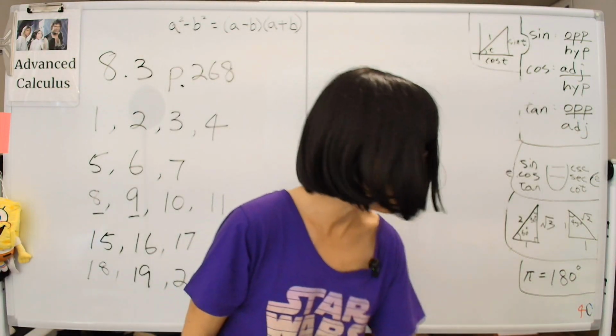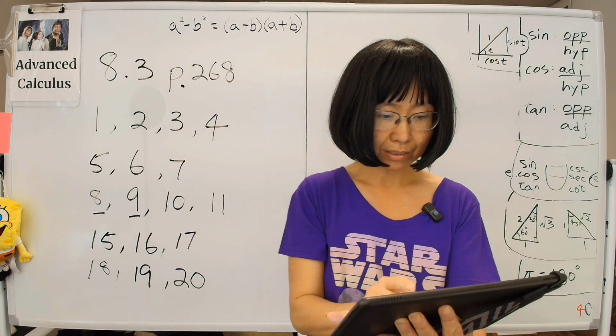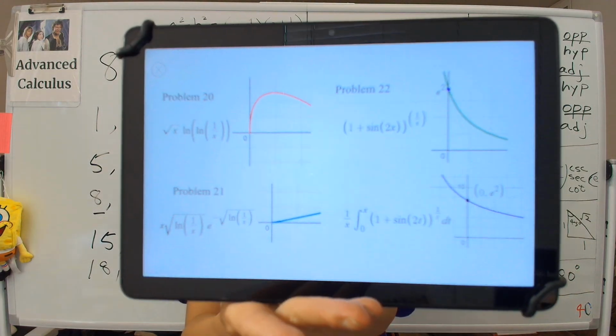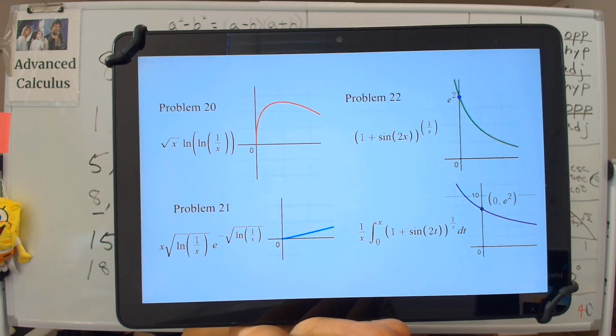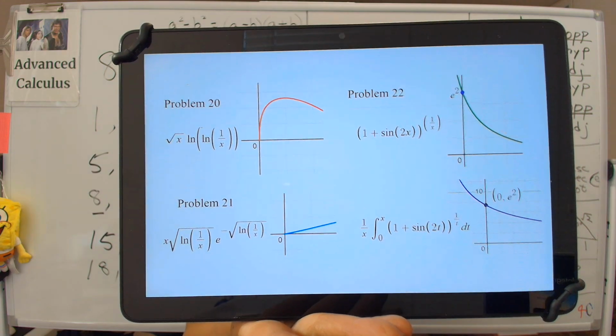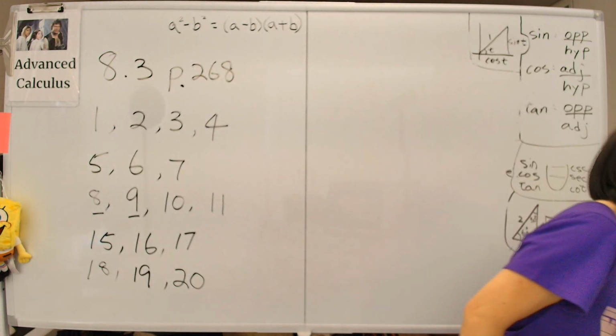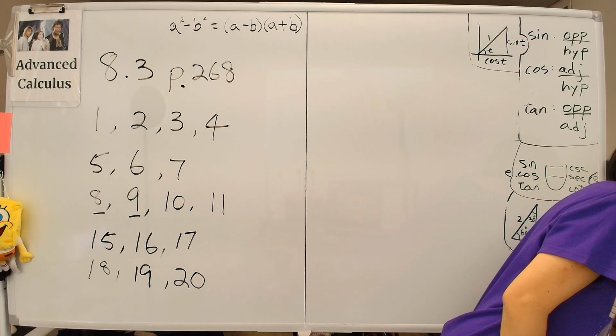I also confirmed that by looking at the calculator. As x goes to 0, the function does approach 0, at (0, 0). So that looks pretty decent. That's problem 20, and in fact, it approached 0 rather quickly. It just took a dive.